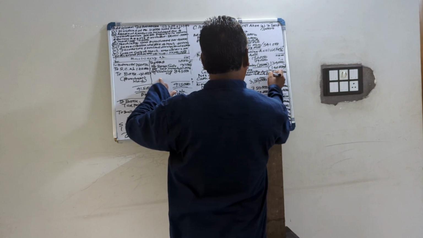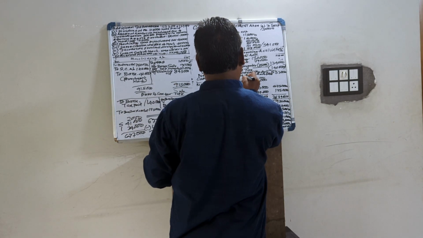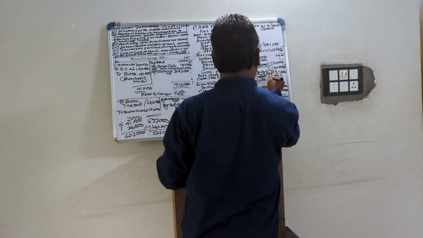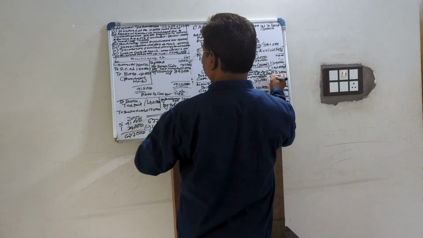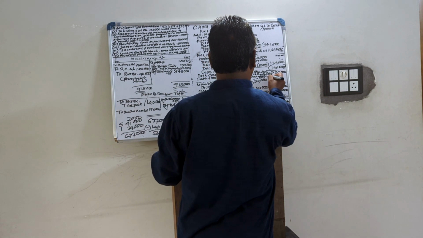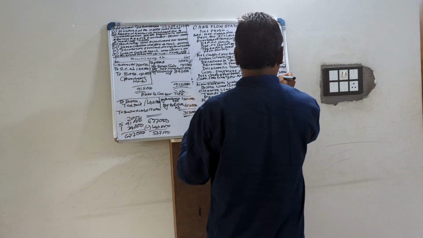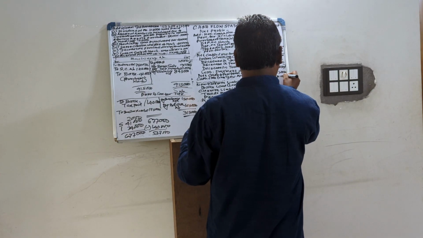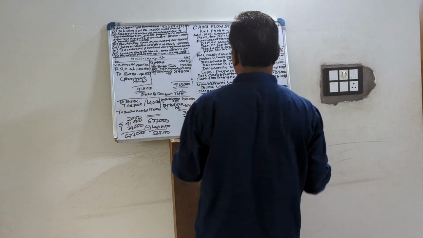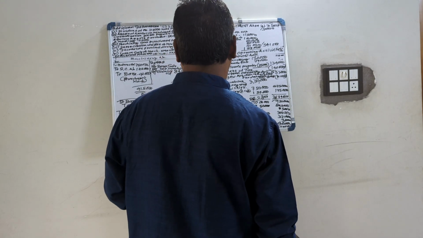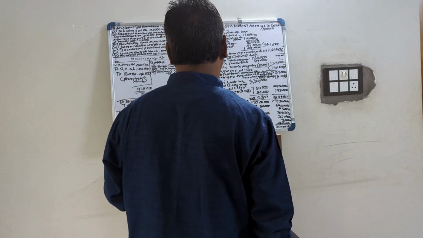Then minus purchase of machinery, that is 40,000. So 40,000 minus 9,000, the net effect is 31,000, which we deduct under net cash flow from investing activity.